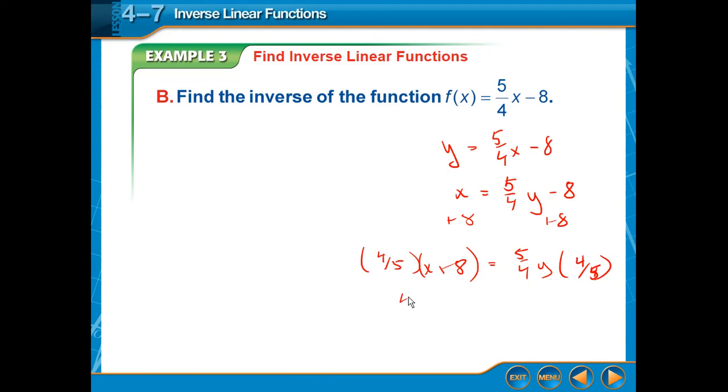So I get 4/5 x plus 32 over 5 equals y. And now, instead of y, I'm calling it f inverse, or f negative 1. Okay, and that's it.